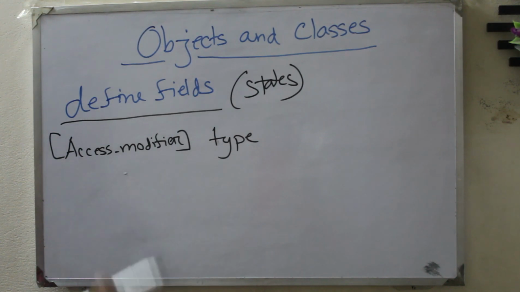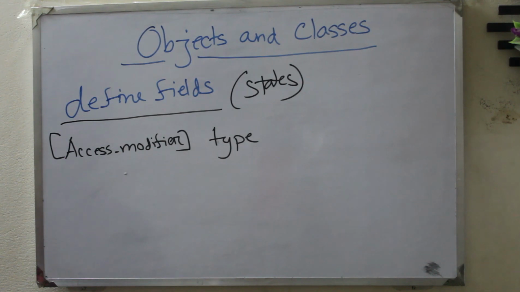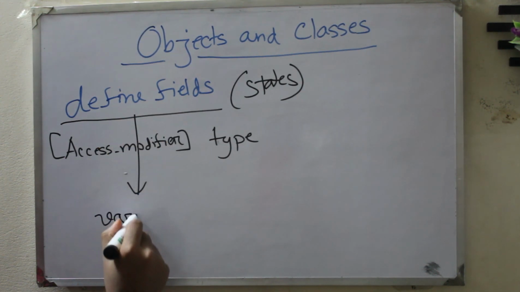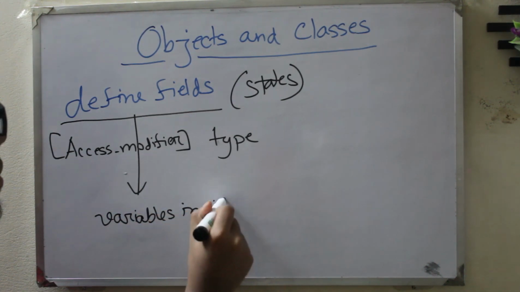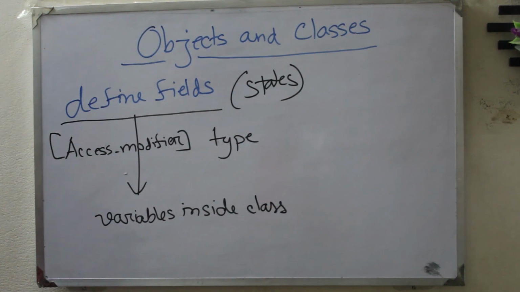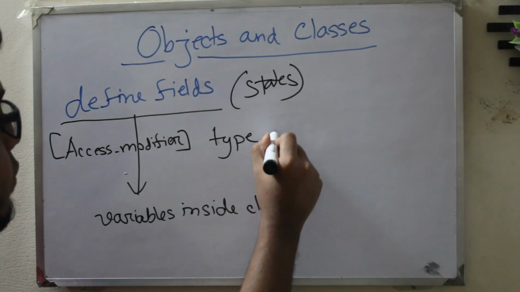So to define this, the state should be a variable. So basically the fields are the variables inside a class, okay? So we say access modifier, then we say the data type, and we say the name of the field.